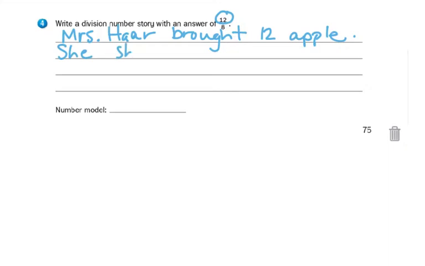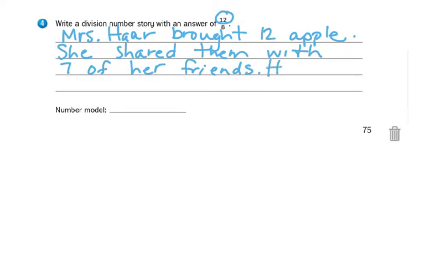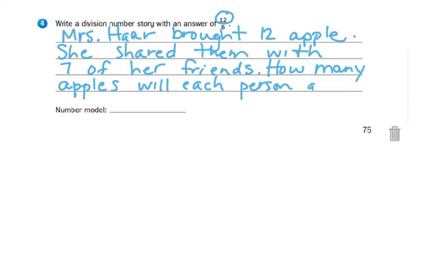She shared them with 7 of her friends. How many apples, including Mrs. Hart, will each person get?